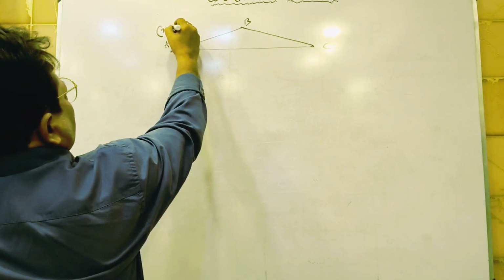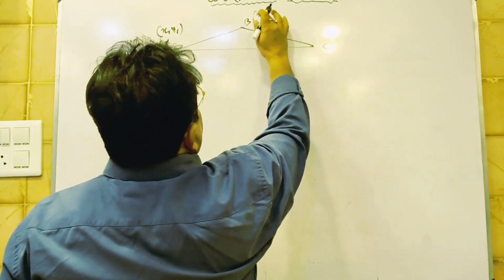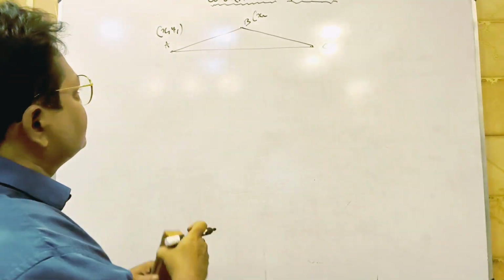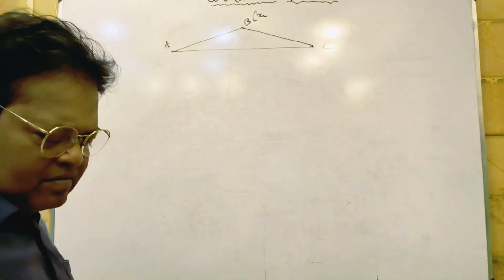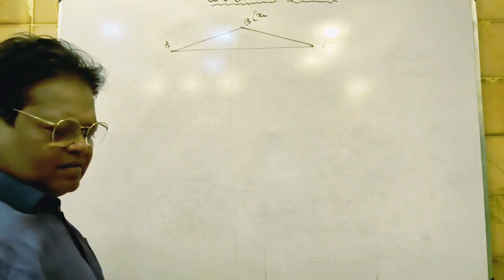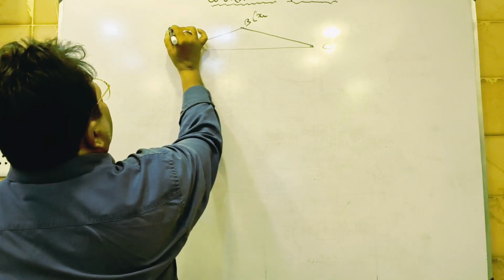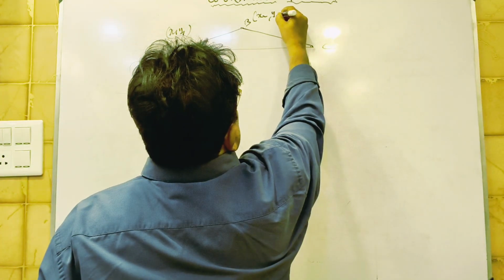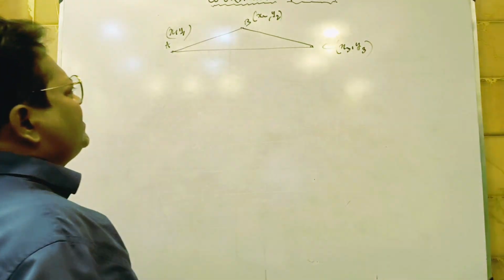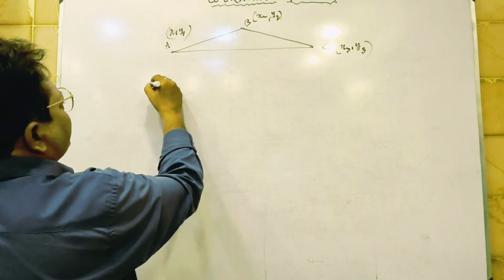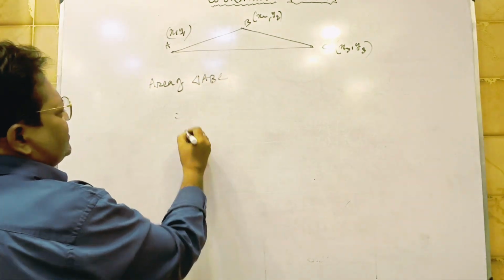The coordinates are x1, y1, x2, y2, and x3, y3. Now, how will we find the area of this triangle ABC? This is very easy.